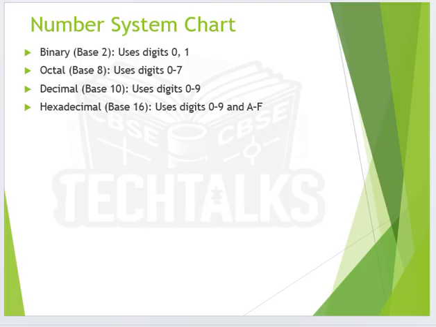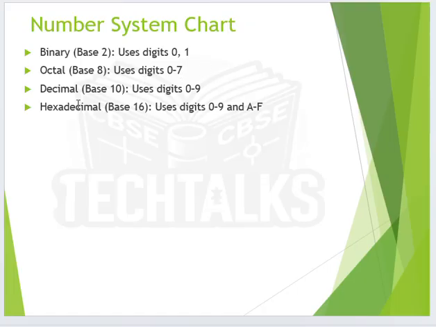Now when we talk about number systems, there is a base or radix of each number system. The binary number system has radix 2 and uses digits 0 and 1. The octal number system has base 8 and uses digits 0 to 7.